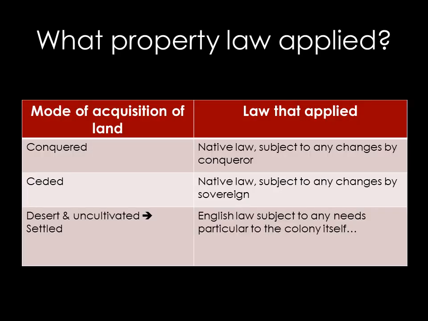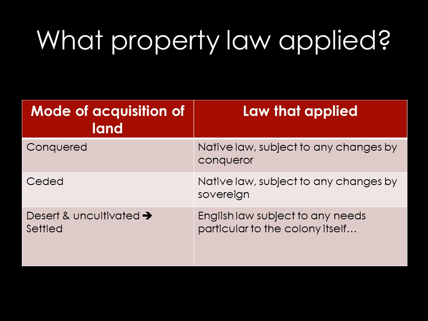So in answering the question, what property law applied, the English law looked to the mode of acquisition of land. So for example, land that had been conquered would retain the existing so-called native law, subject to any changes by the conqueror. So you could see it was really important to, if land had been conquered, English law didn't apply, the existing law continued to apply until it was changed.